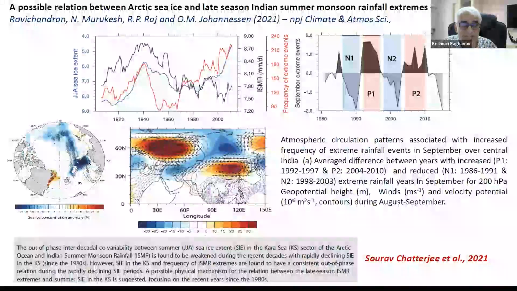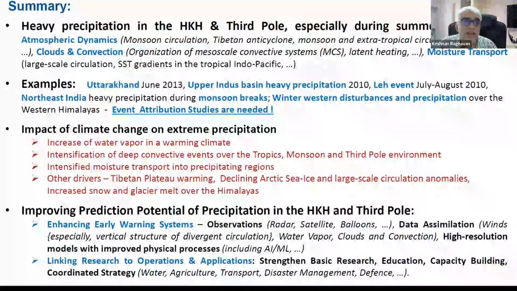So in summary, I just want to conclude that heavy precipitation in the Hindu Kush Himalaya and third pole involves a lot of atmospheric dynamics, which are linked to the monsoon circulation, the Tibetan anticyclone, and also interactions with the extratropics and the polar regions.